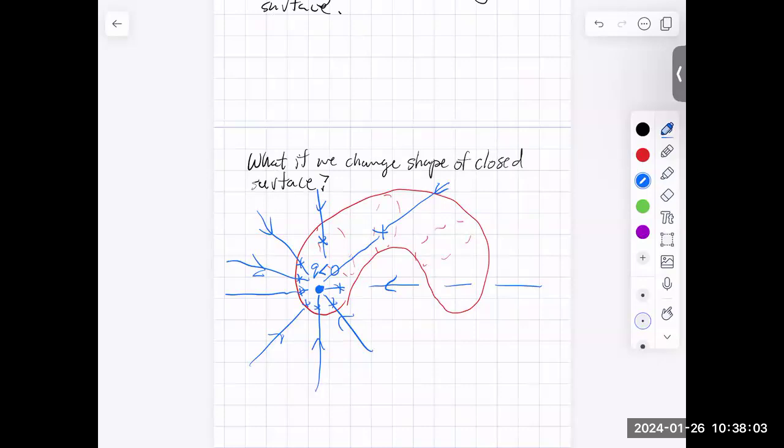And so I have 8 lines coming into my surface, but I've got these 2 additional ones over here on like the little loop. And so here I have an incoming, and then over here, I have an outgoing electric field line. So what happens to these 2? How do these 2 contribute to the total flux in this case? Or do they contribute anything?